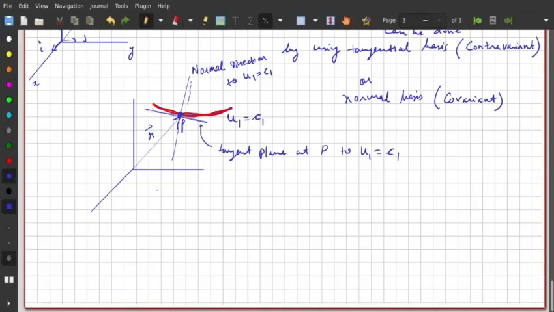That means let's see how we can write a tangent vector at point P. Any tangent vector at point P will be in this direction.